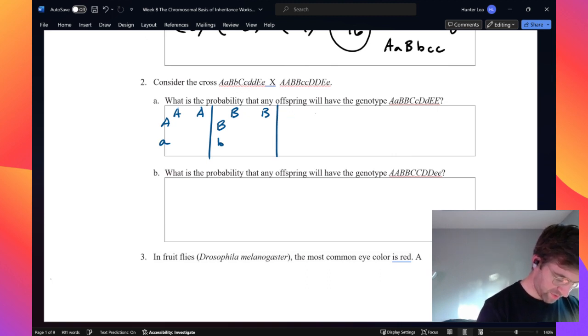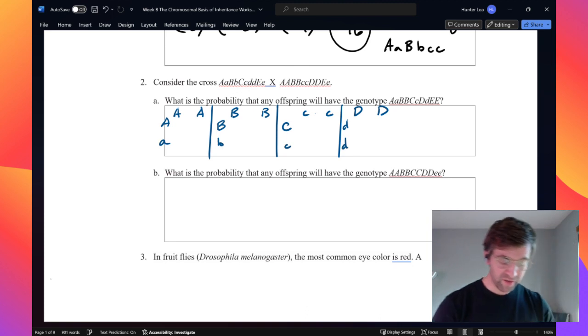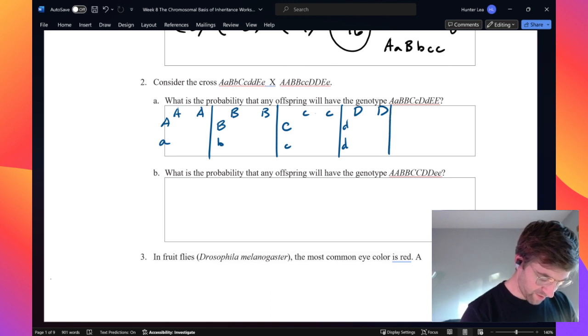Let me make that space a little bit bigger. Little c, little c, big C, little c, big D, little d, little d. We can already say with this D cross that 100% of those are going to be heterozygous. There's only one outcome there.